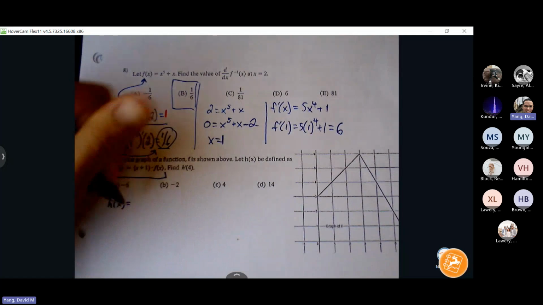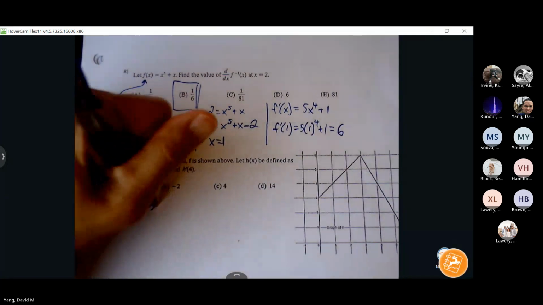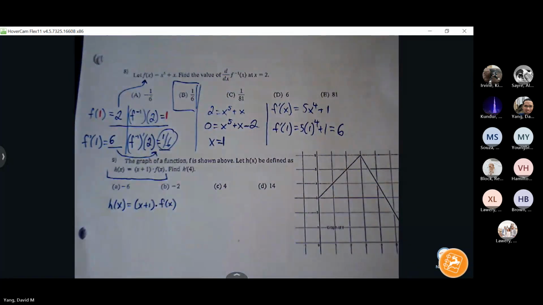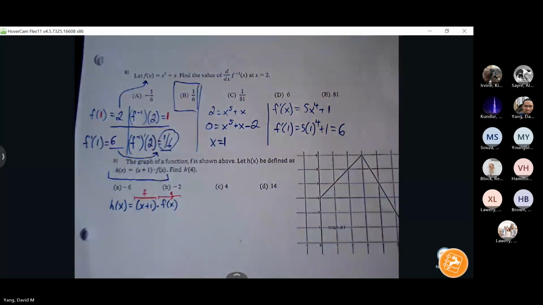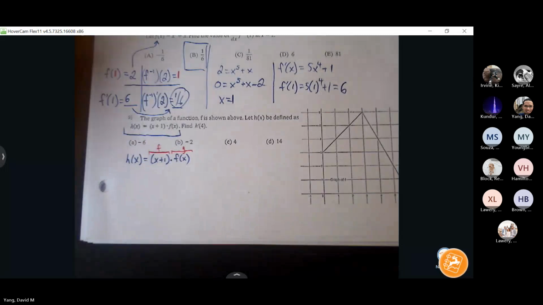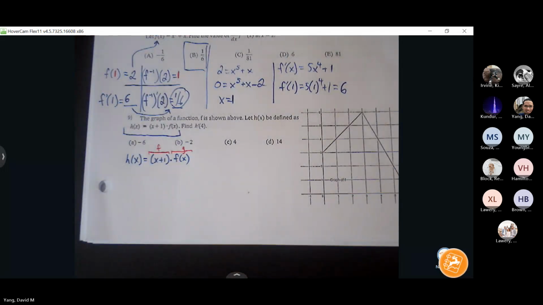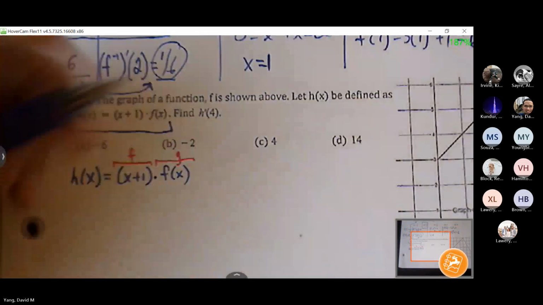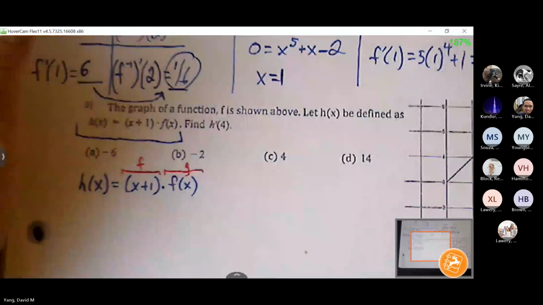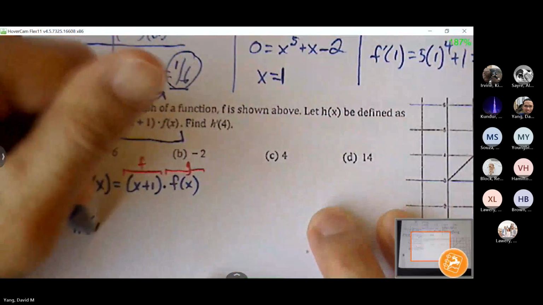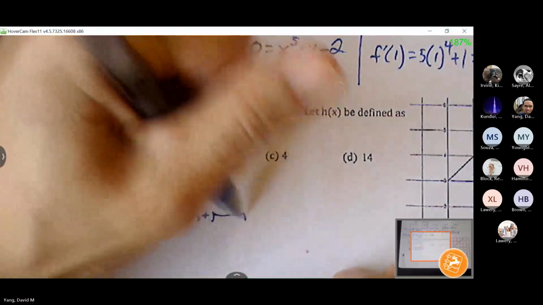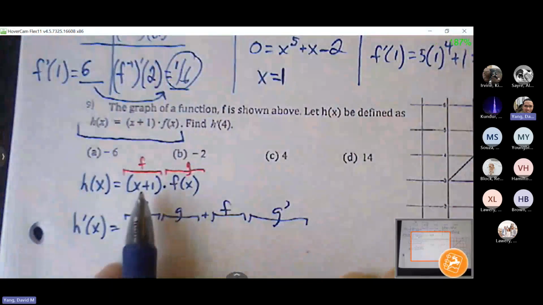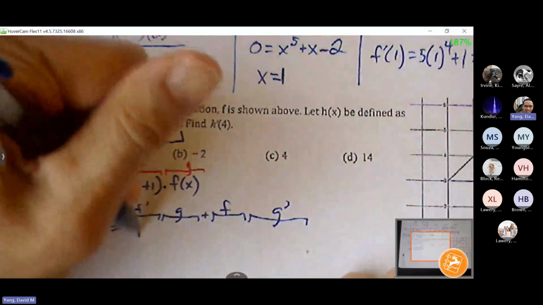You write h again. Okay, x plus 1's derivative is just going to be 1.